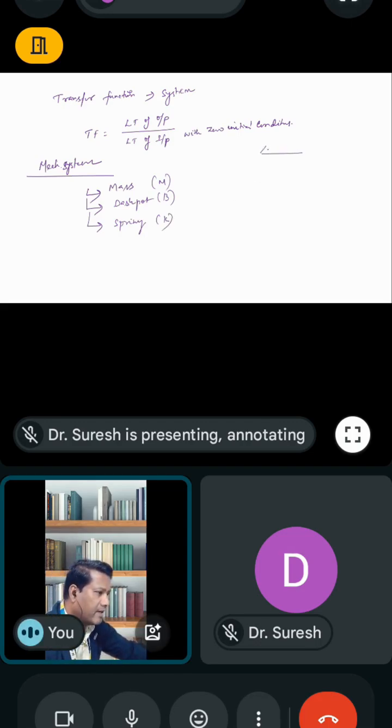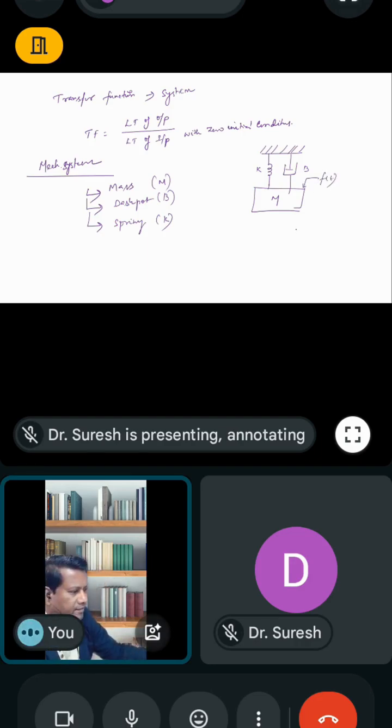Consider a simple mechanical system with a spring and dashpot. This is the spring and this is the dashpot, and the mass of this system is M. Assume a force is applied, denoted by F. When the force is applied, there will be a displacement x of t.